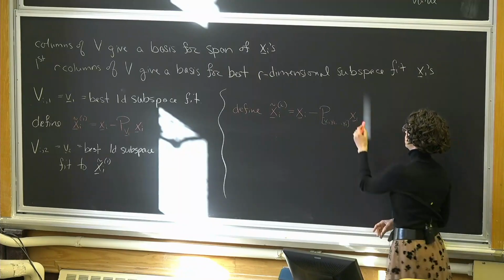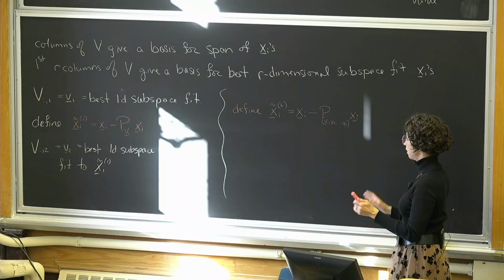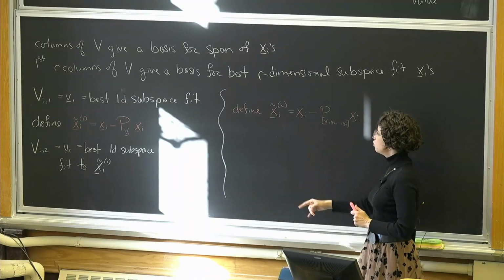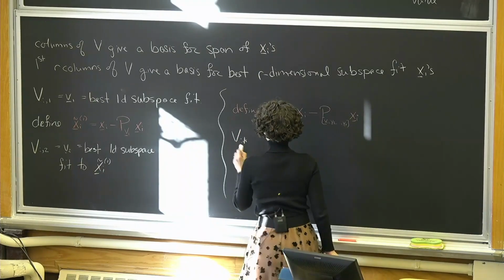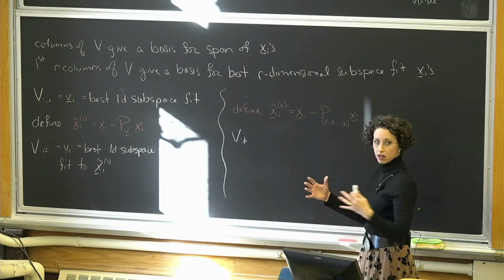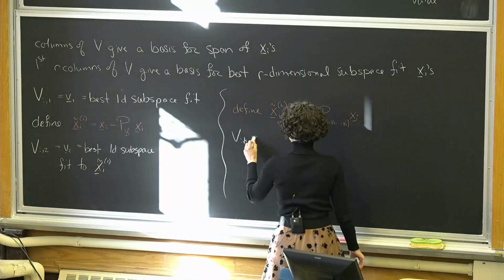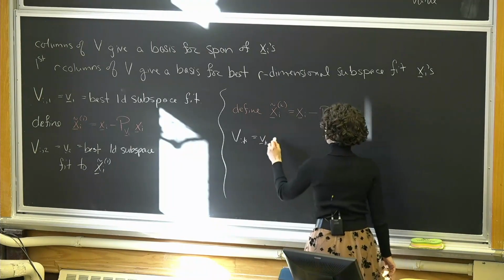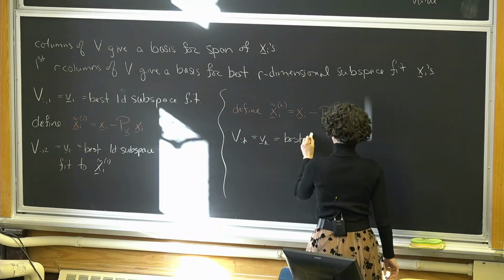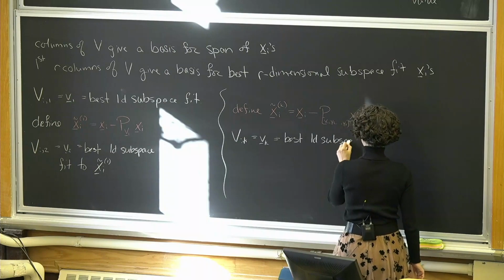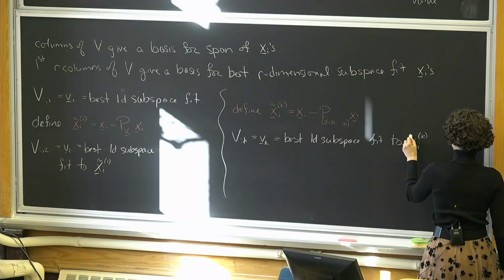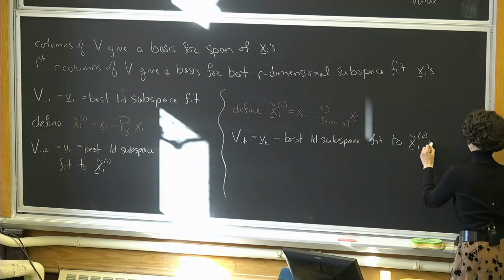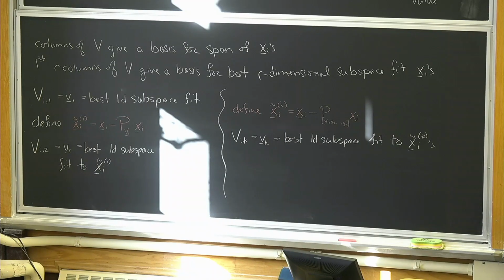I project my sample xi onto the subspace spanned by that basis, I look at the residuals, and this gives me my new residuals. And so my kth column of this V matrix of right singular vectors, or equivalently Vk, is going to be the best 1D subspace fit to these residuals from the kth round. So we are just repeatedly computing best 1D subspace fits.